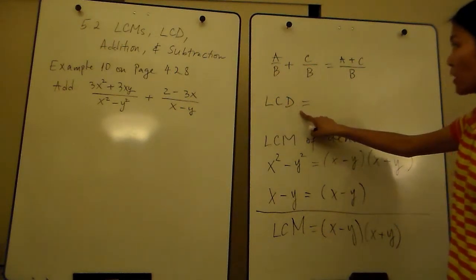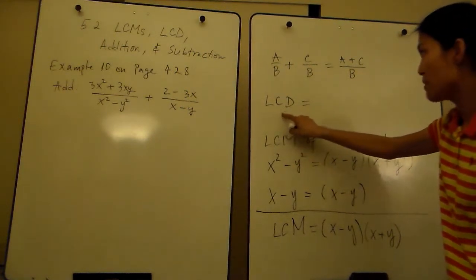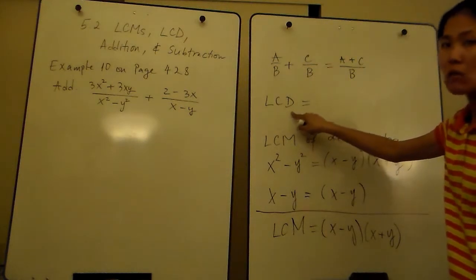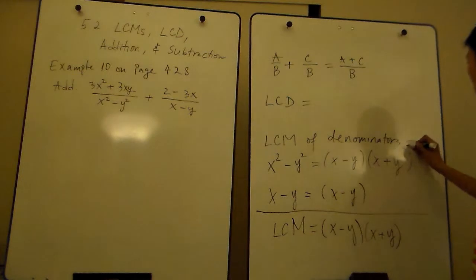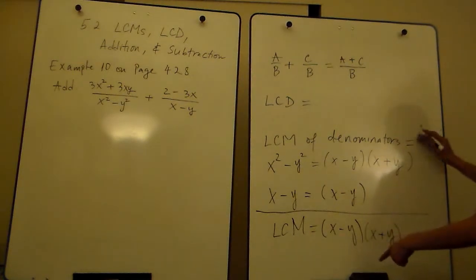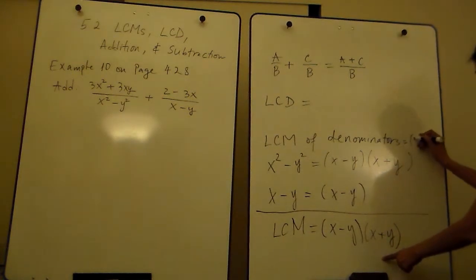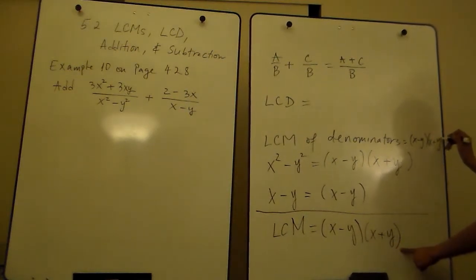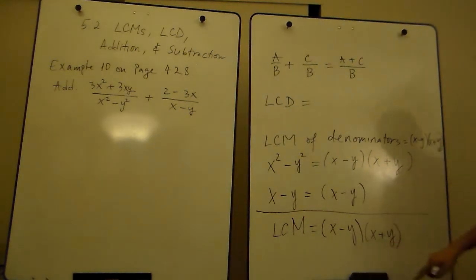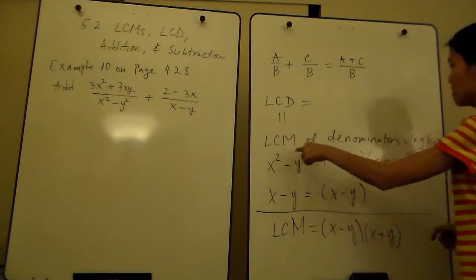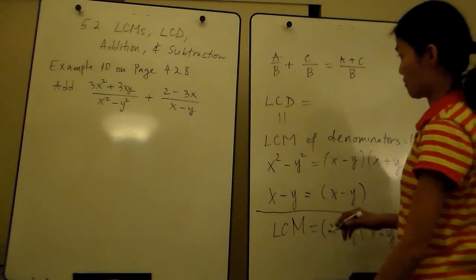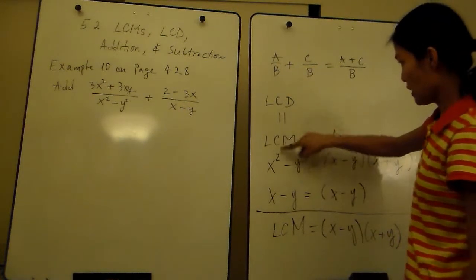The LCD, the least common denominator, is actually equal to the LCM of the denominators. And the LCM of the denominators, which we found, is x minus y times x plus y. So these are equal: the LCD equals the LCM of the denominators, which is x minus y times x plus y.